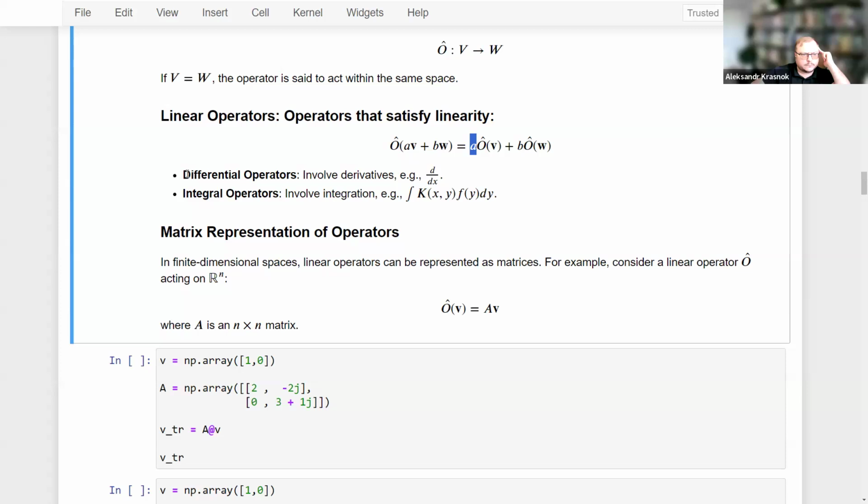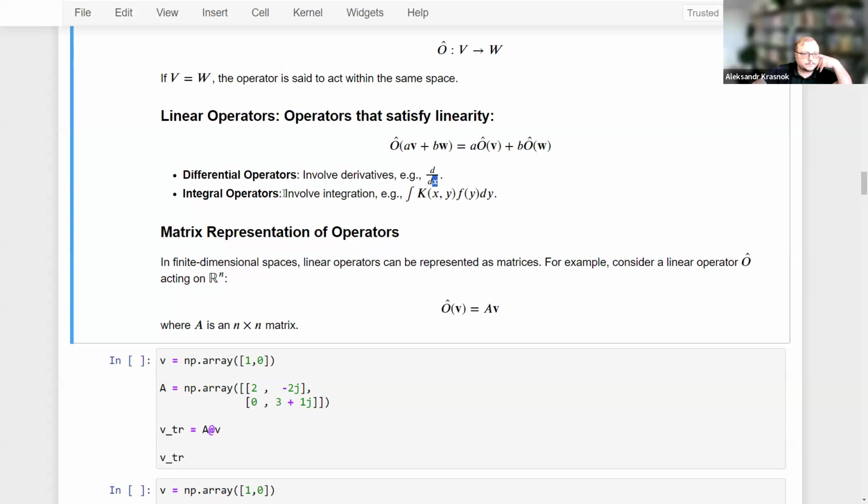Several examples. One can be differential operator, right? Like this coordinate derivative, right? Derivative, of course, leaves the constant alone. You can take the constant from the derivative, right? And of course, this is a linear operator because derivative of sum of two functions equal to the sum of two derivatives.